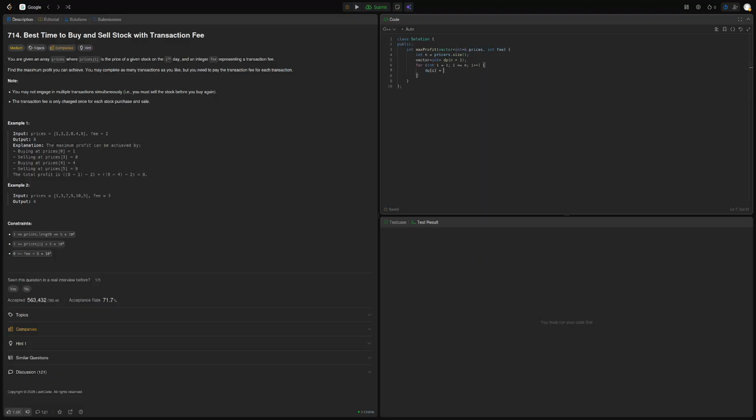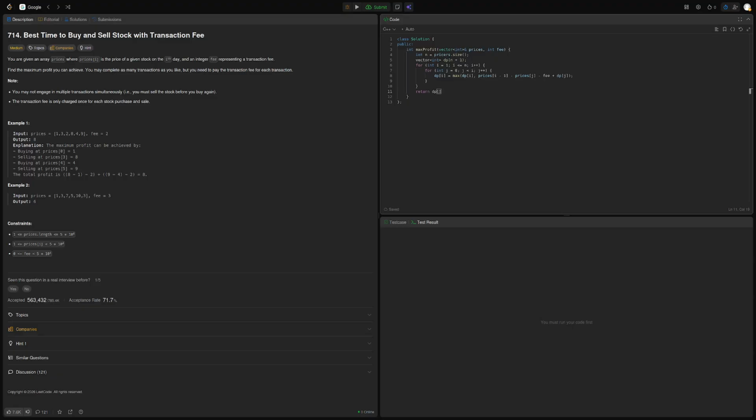And then dp[i] is dp[i] max, and then prices[i-1] minus prices[j], what we buy on that day, minus fee plus dp[j].